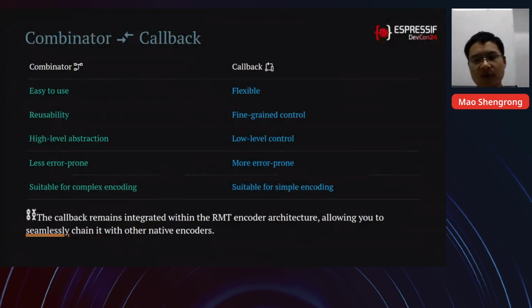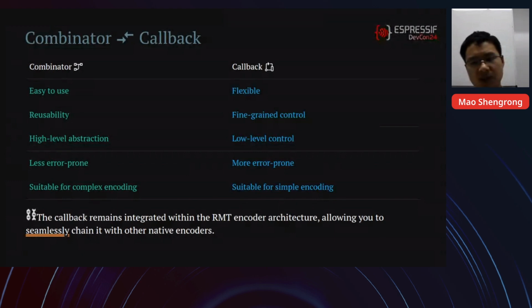Callbacks offer fine-grained control. Developers can manage execution flow at a granular level, which is essential for certain scenarios. Callbacks give you direct access to underlying mechanisms, but this can be more error-prone. Handling callbacks correctly requires careful attention to avoid pitfalls.